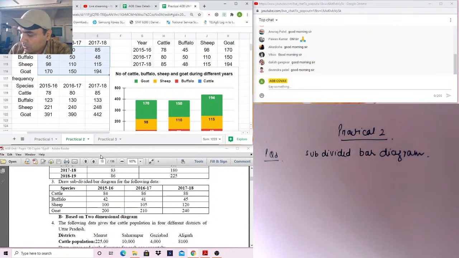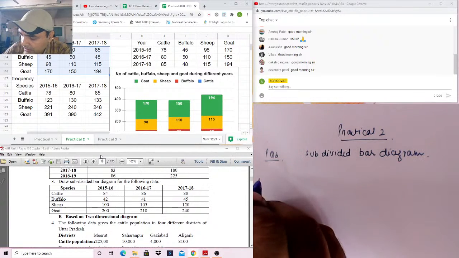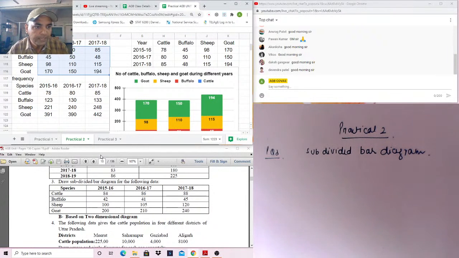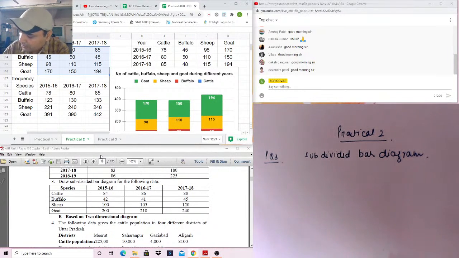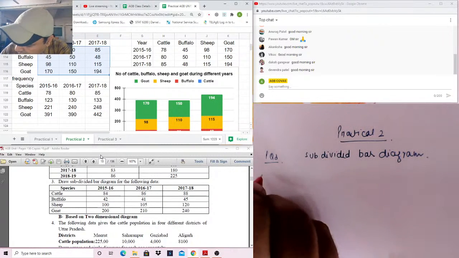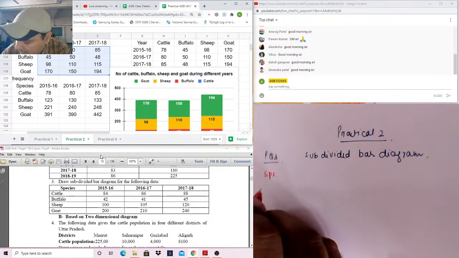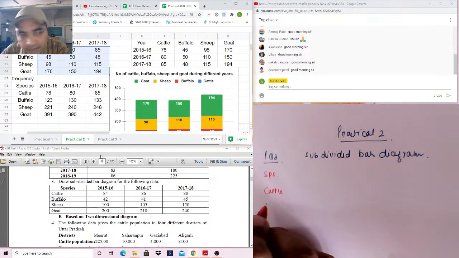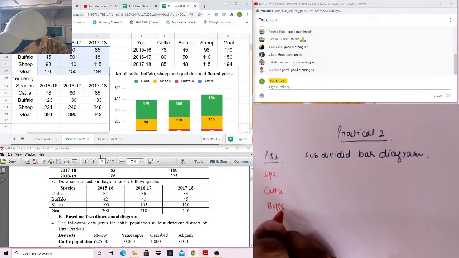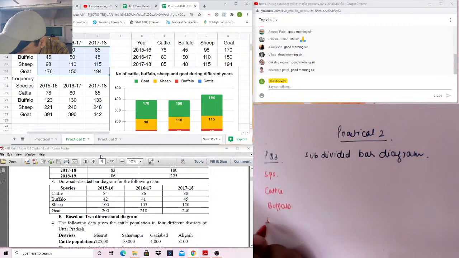Okay. So as in this question, I will be starting. It has been given. So let it be species. How many species are there? There is cattle, then buffalo, sheep, and goat.